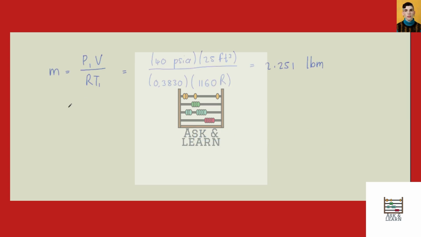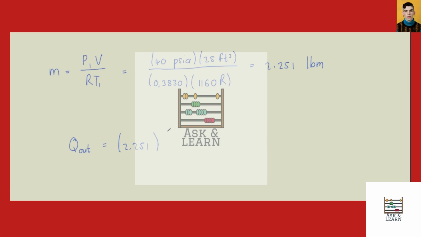Now, we can use this mass and substitute it back into our energy balance equation. So we can go back to that equation and find this Q out. Q out is the mass, 2.251, and that's in pounds.